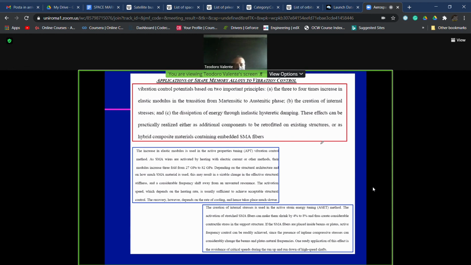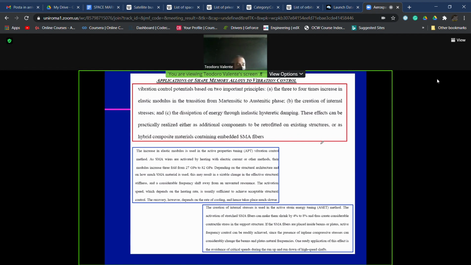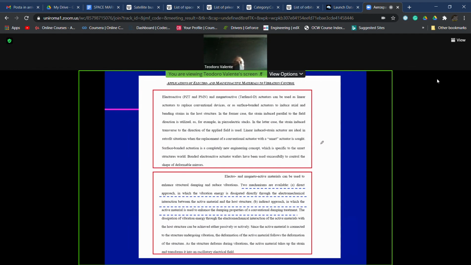And what we can do with this, for example, we could think to use this instead of shape memory alloys, due to the fact that, as we said already, shape memory alloys in principle can, but really are not able to follow fast movement, but piezo instead yes, because the basic phenomenon is another. We could think to use this for vibration control.